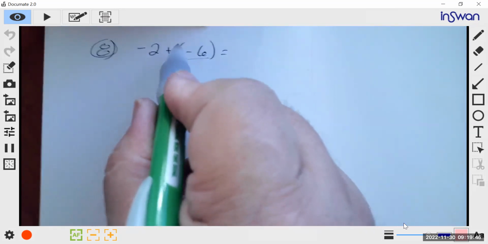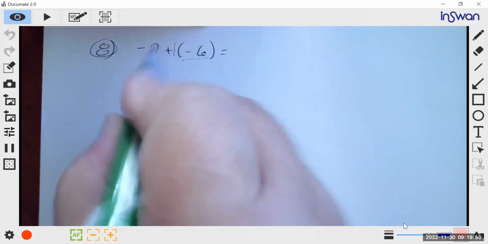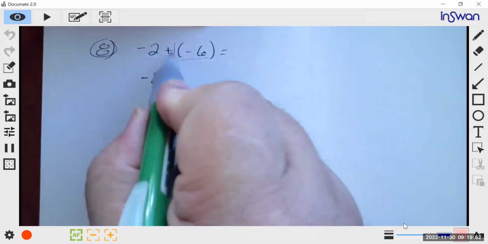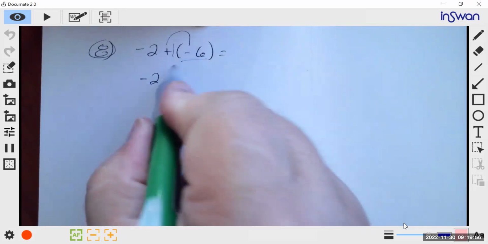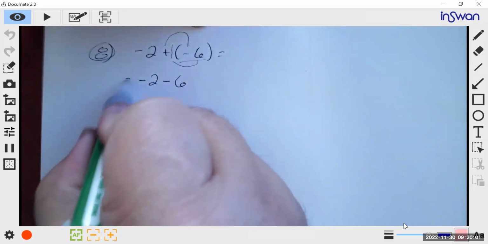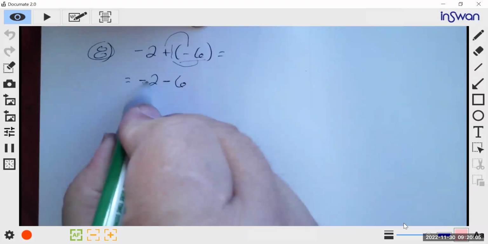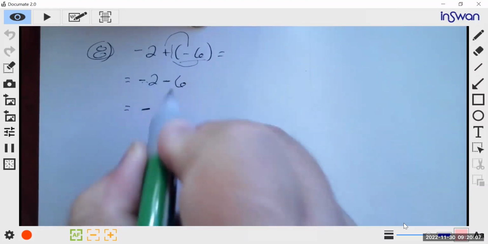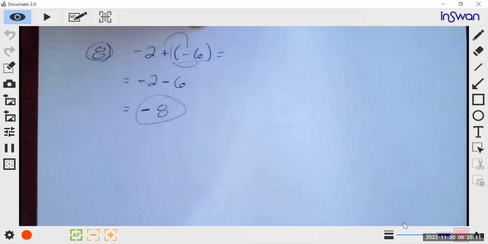The coefficient is 1. So we have -2. Positive times negative is negative. 1 times 6 is 6. They're both negative, so the answer is negative. 6 plus 2 is 8. There's your answer.